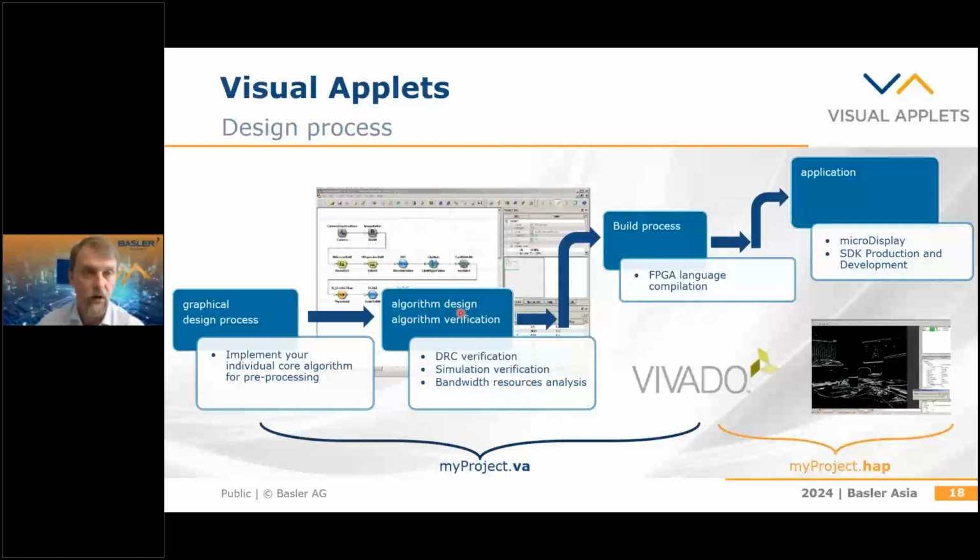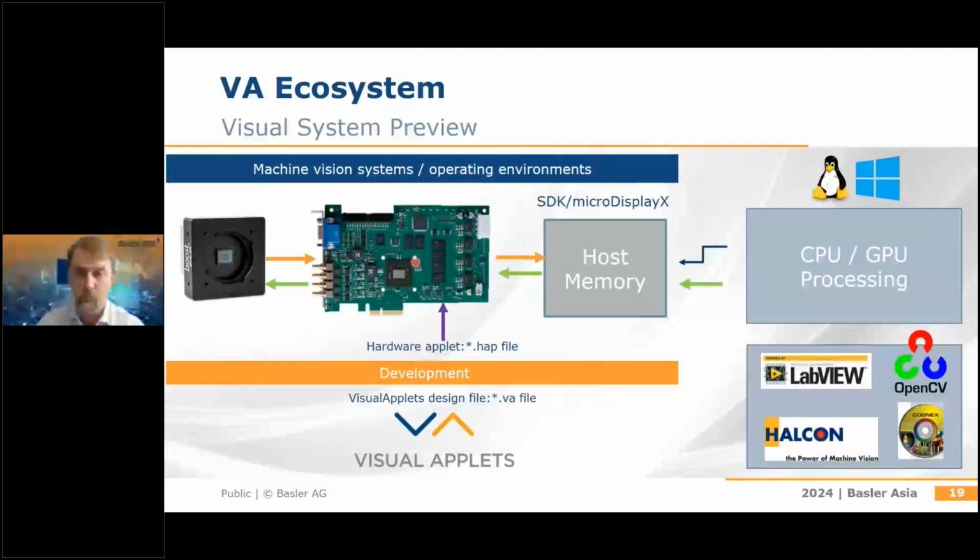So when we now look at our frame grabber portfolio, we can see that we have two rows. The lower row is just about image acquisition. The upper row is about pre-processing or processing devices where you can program the FPGA. We support different interfaces, from Camera Link over CoreExpress 6 up to CoreExpress 12.